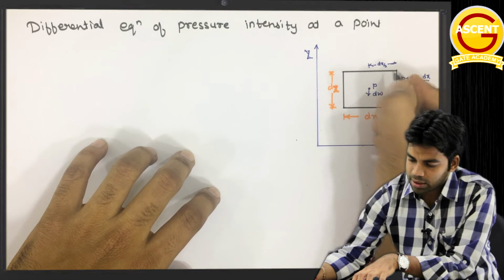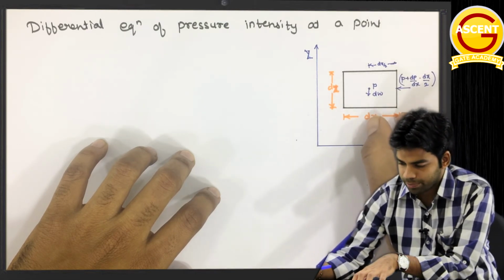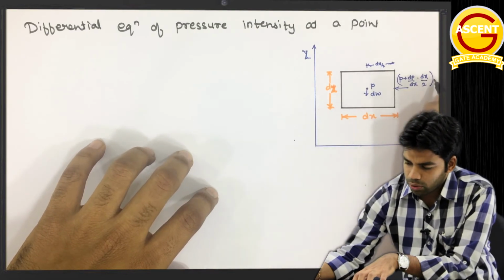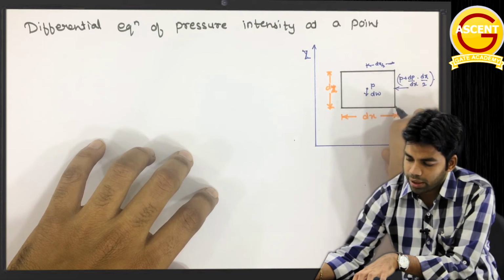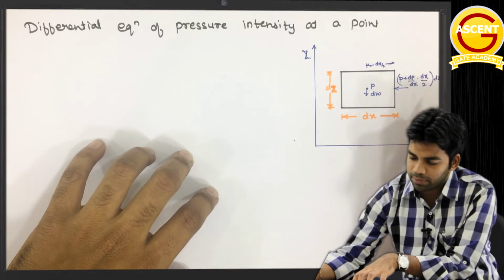Okay, dp by dx is the change in pressure per unit distance, so we multiply it by the distance dx by 2. This is pressure; if we want to determine the force, it will be into area, and area is nothing but dz into 1, the thickness is 1, so this will be into dz.